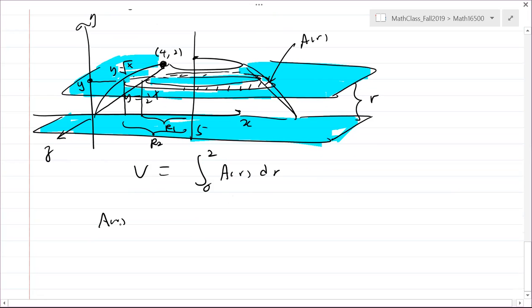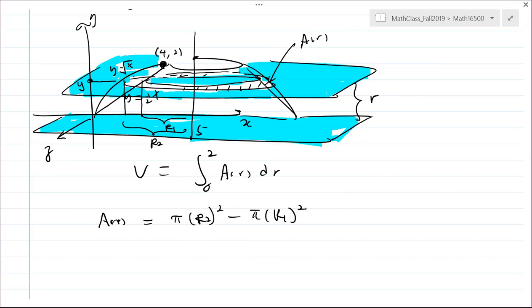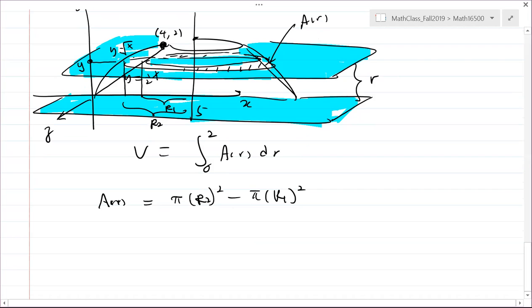So A(r) depends on r, but this is going to be actually pi R2 squared minus pi R1 squared, okay? So the 2 disks, right, each has a radius R1, R2. Now the only problem is how do you express them? If you can express it in terms of r, that's fine.